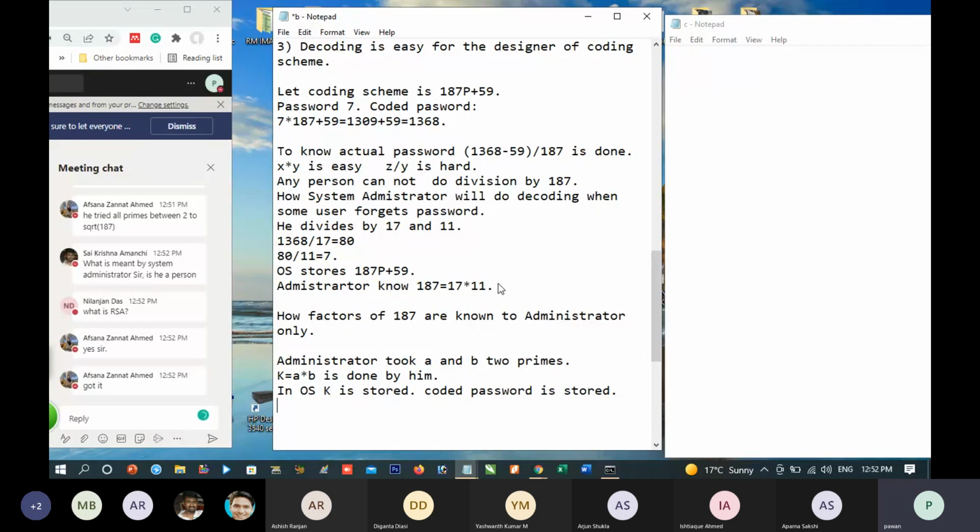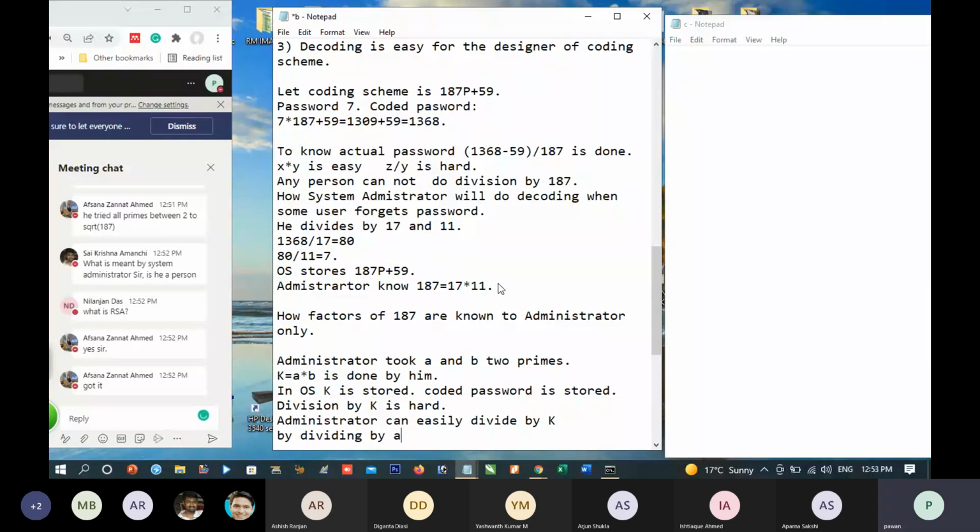Now, multiplication by K is easy. Division by K is hard. But the system administrator can easily divide by K, by dividing by A and B.